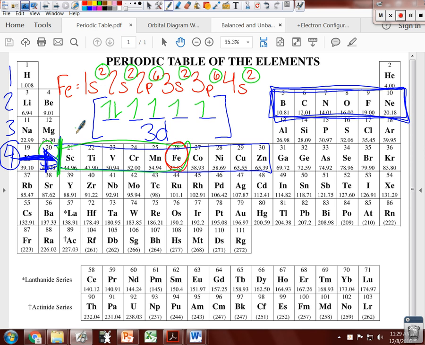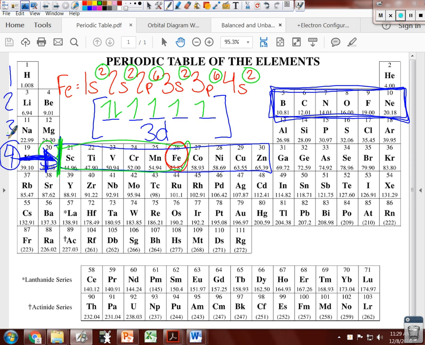Let me go ahead and say this, and I don't want to say this out loud too soon, but it's modified, and it's really a shorthand version of all of these, and I'm going to teach you that tomorrow.